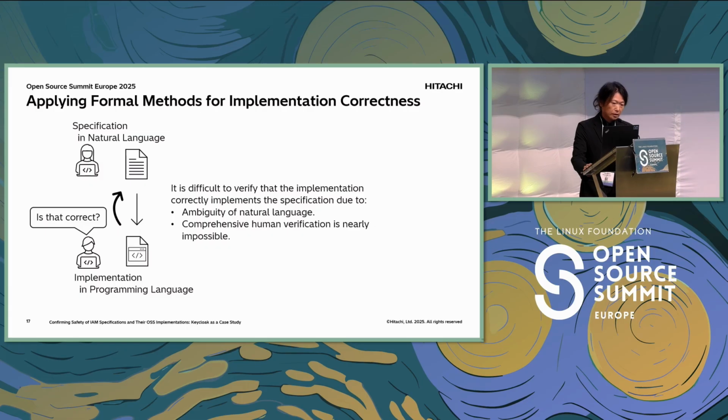It's difficult to verify that an implementation correctly implemented the specification because there is some ambiguity in natural language, and also it takes a lot of time. Therefore, a comprehensive human verification might be impossible.